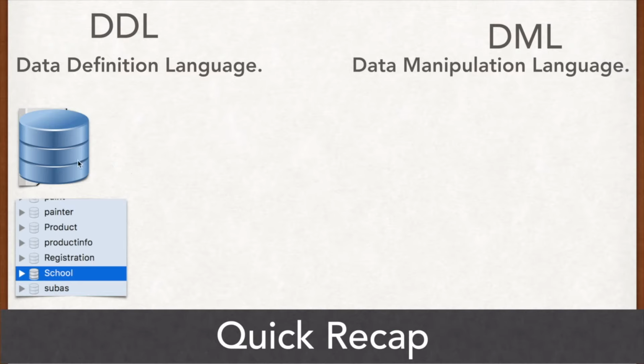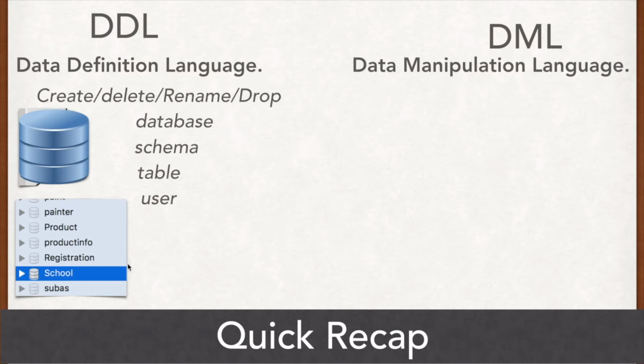Right? So basically, if we want to create any kind of database, schema, table, or user, these things are part of DDL, or data definition language. Basically, you are defining or creating a database, a schema, a table, a user.